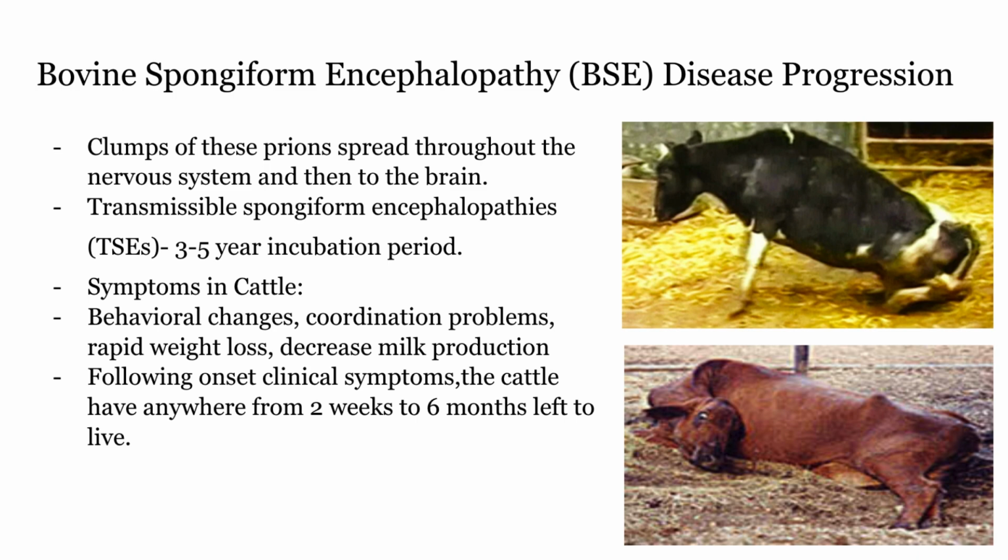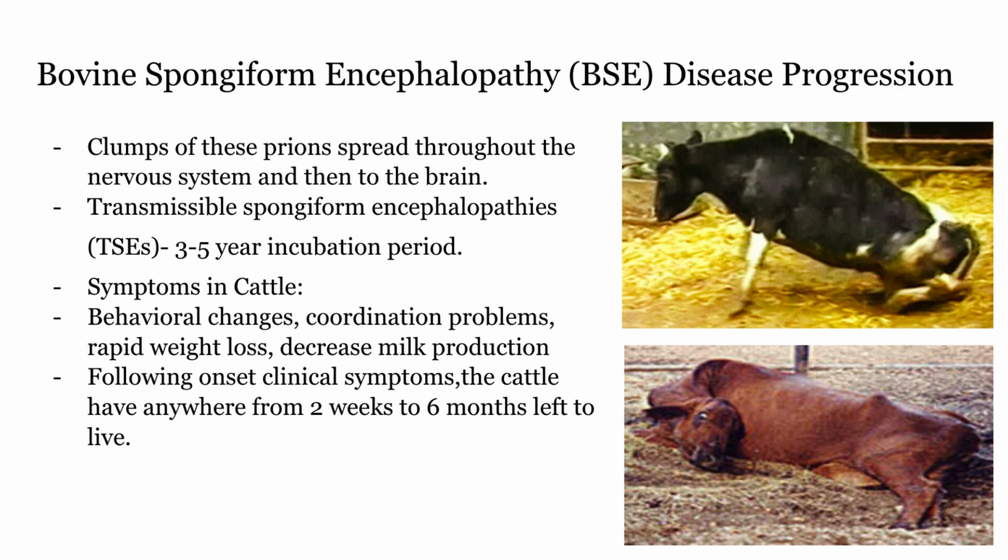These cows can exhibit severe nervousness, aggression. They can have coordination problems like difficulty standing due to that nervous system damage, and even rapid weight loss and decreased milk production.